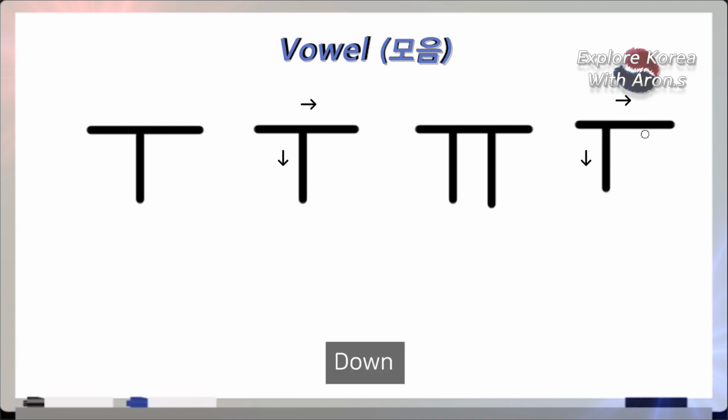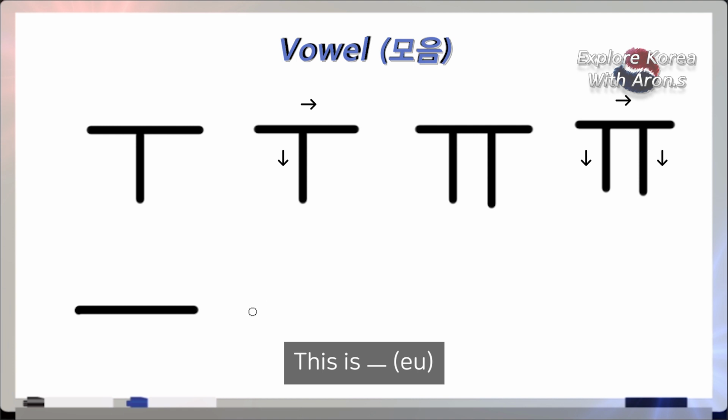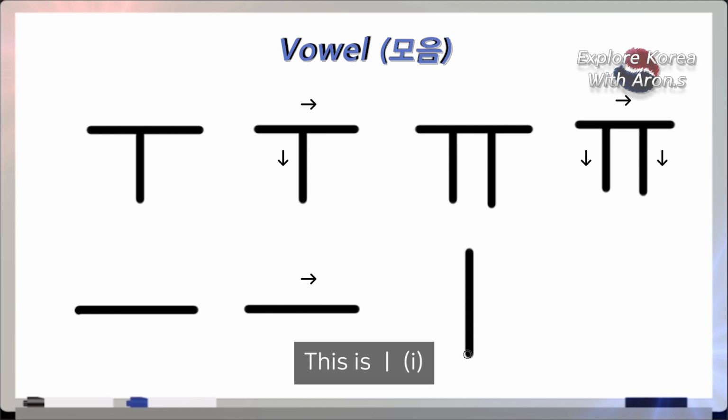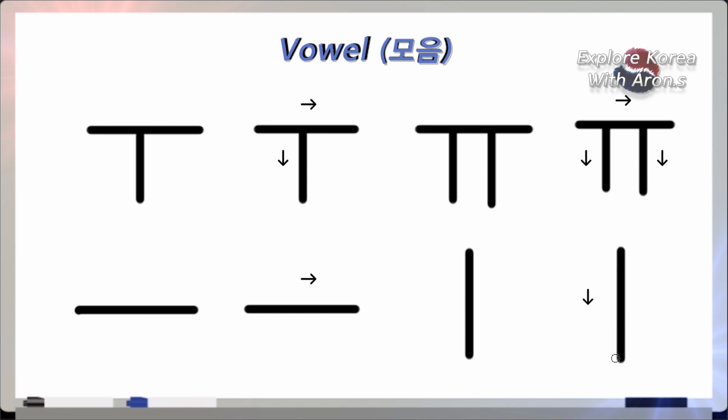Down. And down. This is eu. Just through one line, that's it. This is i. Just down.